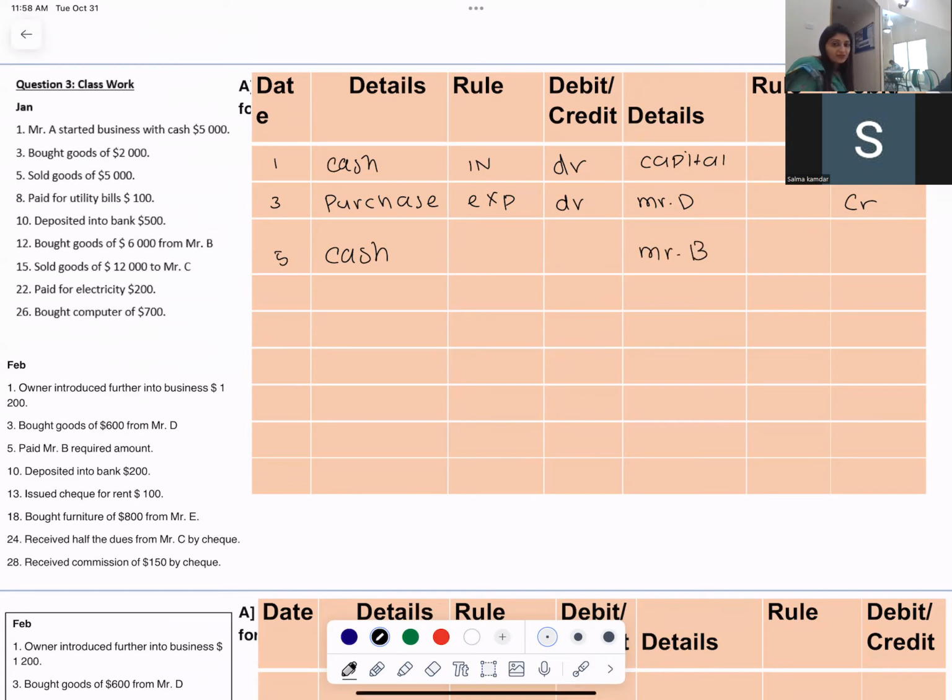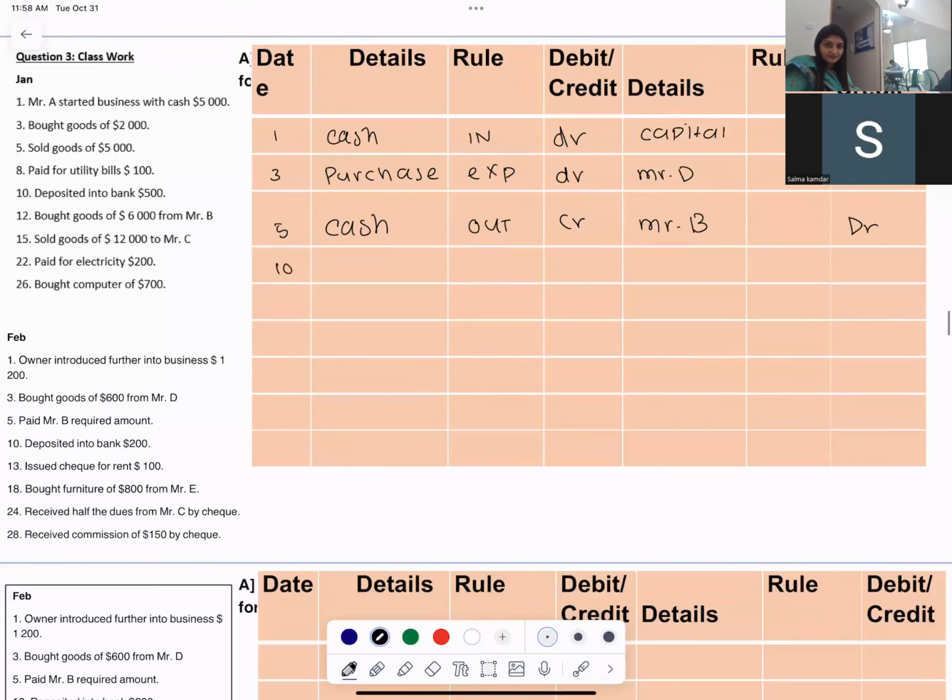Now think about cash coming in, going out. Cash is going out, credit, and the bank is coming in.